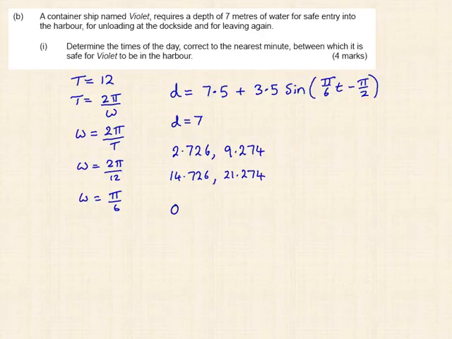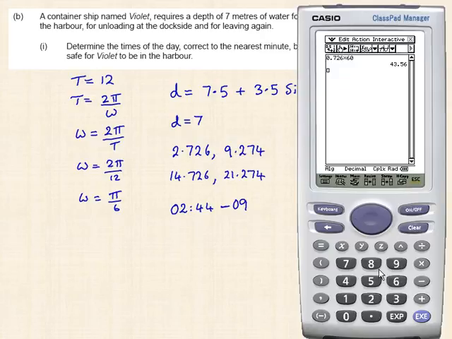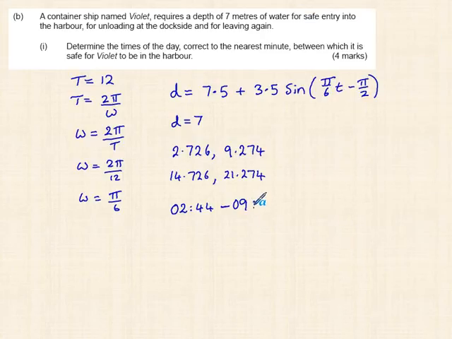So this would be at 0244, and then that will be to 09, and we'll do 0.274 times 60, and that's 16 to the nearest minute, so 0916, and then the other time would be 1444 up to 2116.